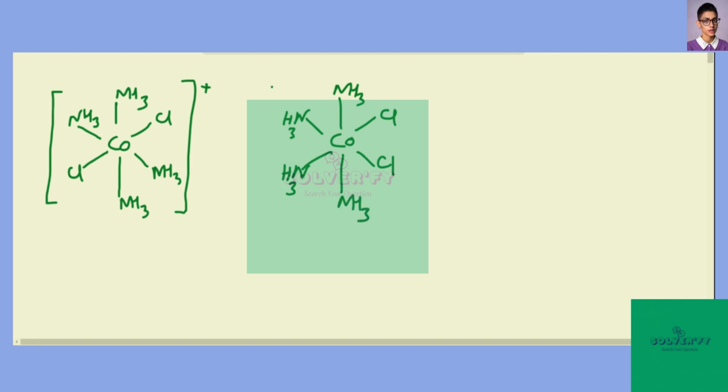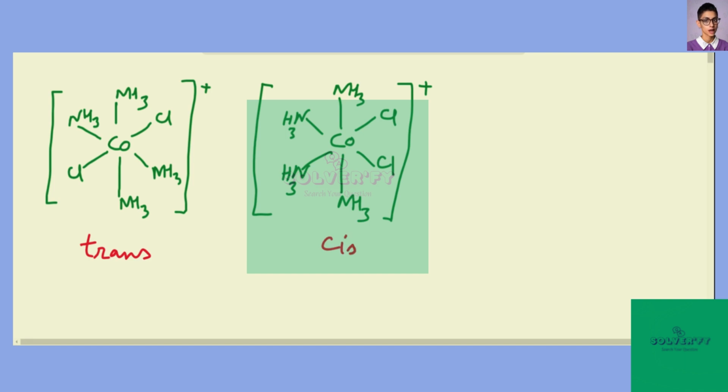So this is again inside the bracket and outside the bracket the charge will remain the same. So this should be trans isomer, trans, and this should be cis isomer.